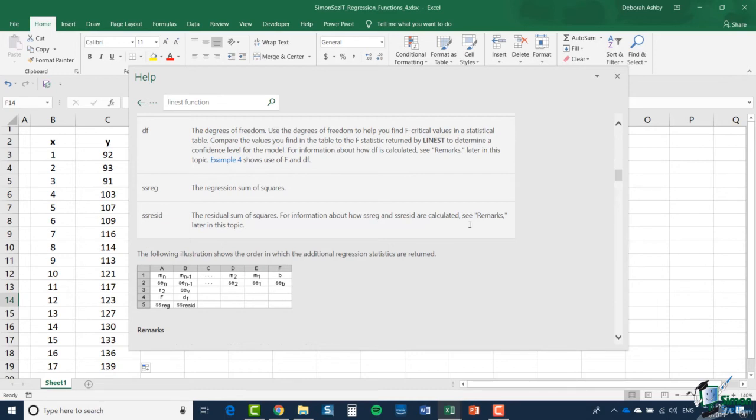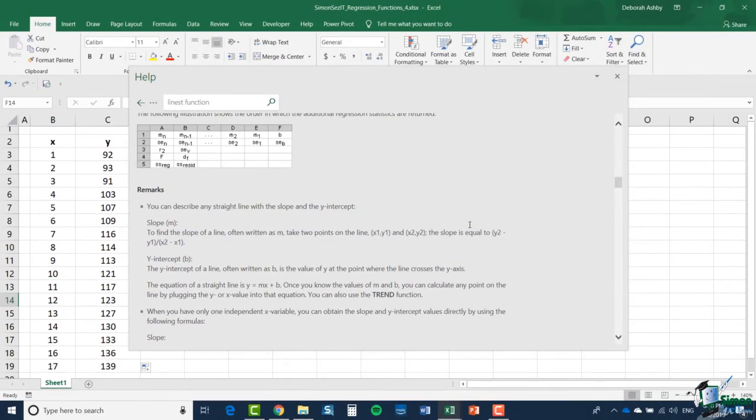Now, in our case, we only had one independent variable, so we only had two columns, and column A in that diagram, that's our slope value in row 1, and the value in the third row in column 1 is R2. Now, below there is a whole load of remarks about how this works and how you can interpret things and so on. So if you are interested, it makes a very useful and interesting read.